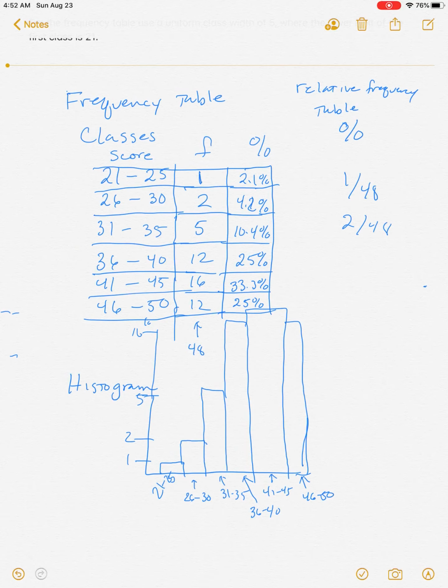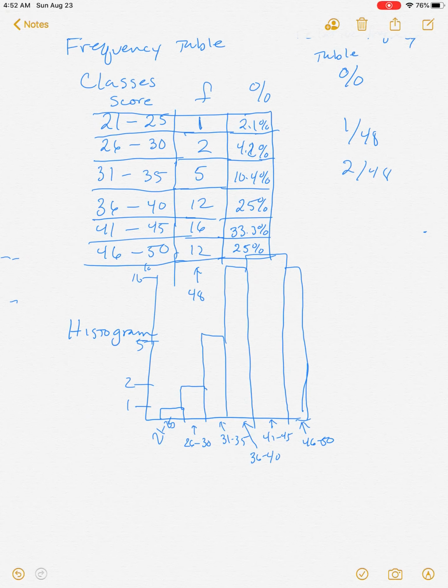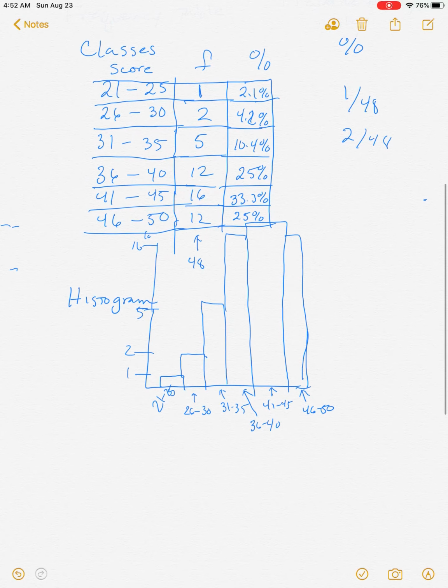A frequency, I'm sorry, a polygon, a frequency polygon, does something interesting. What it does is it says, well, how am I traveling? And so it'll have an XY plane like that, and we're doing a dot plot, basically a numerical plot.